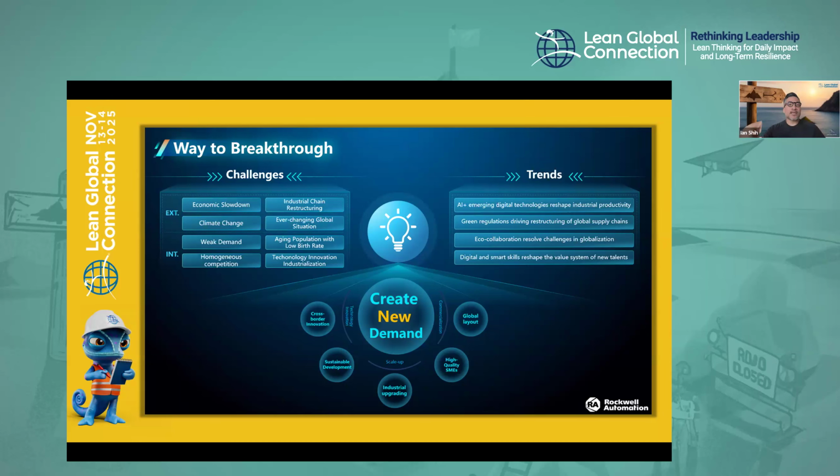So in order to make the industry sustainable, the demand somehow needs to be driving the supply. So what we have defined from the lean thinking is creating new demand and allowing the new demand to pull the new supply, and then continuously with the ability to drive and create value.